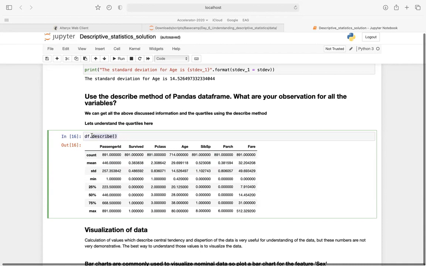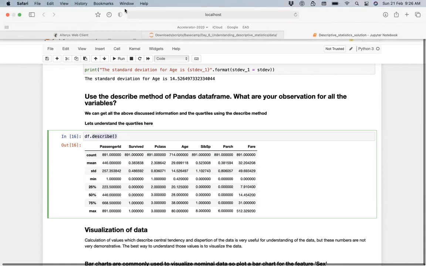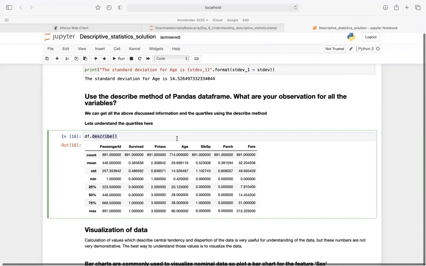Can everybody try this dot describe method? Done? Are we done, guys?